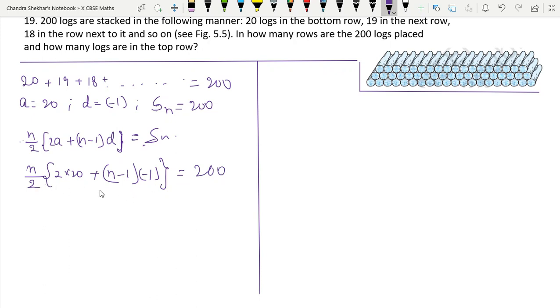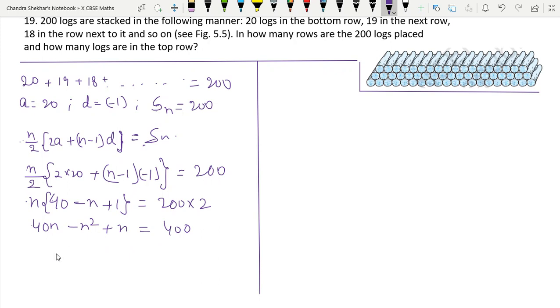So let this 2 go to the other side, it becomes 200 into 2. So we can say n into 40 minus n plus 1 is equal to 200 into 2. So finally we can write here, 40n minus n square plus n is equal to 400.